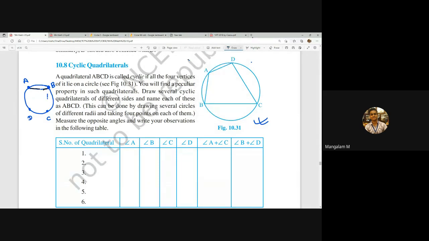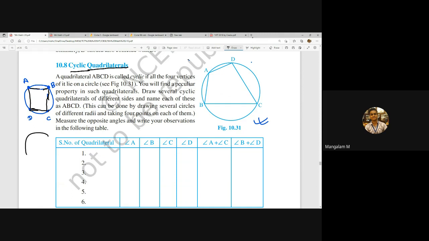I join A and B, B and C, C and D, and D and A. So we get a closed figure which has four sides and four corners. A closed figure having four sides and four corners is called a quadrilateral, right? Since there is a circle passing through all its four corners, that's why it is called a cyclic quadrilateral.